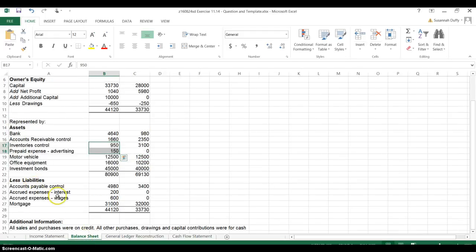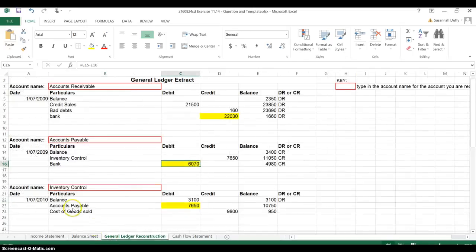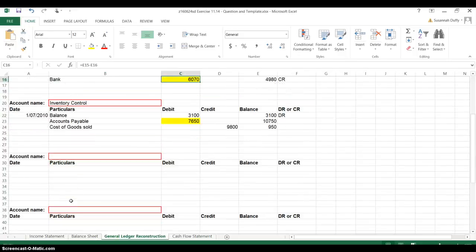If you've got an accrued expense for wages, you have to reconstruct the general ledger to find out how much was actually paid out in cash. So if we go to our general ledger, stick in wages, and then record. This is the one where we have to work backwards.